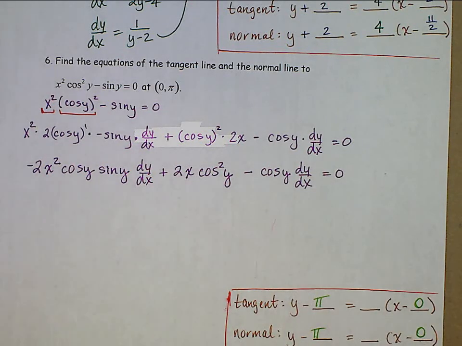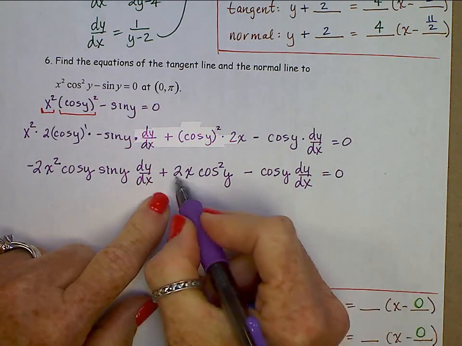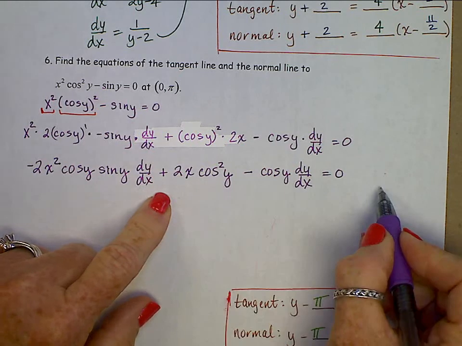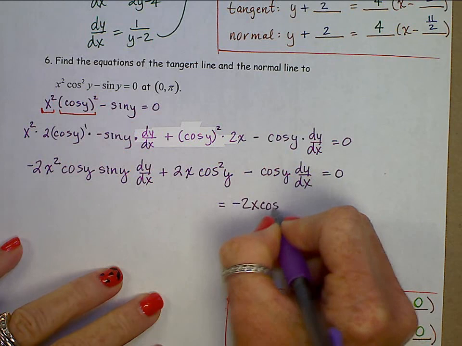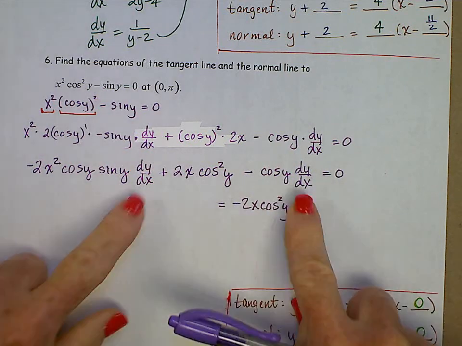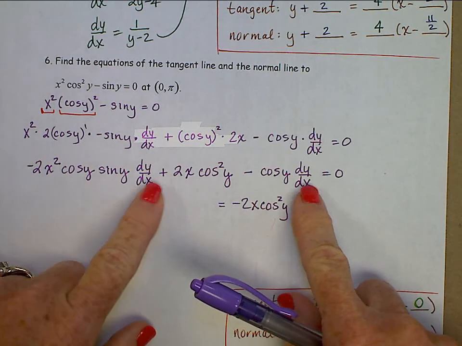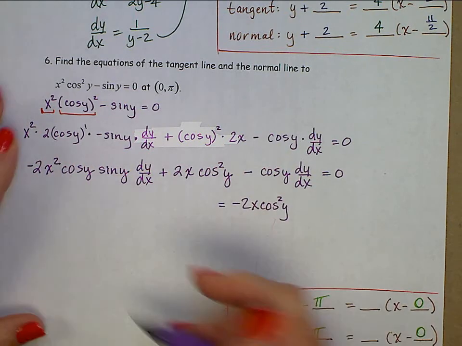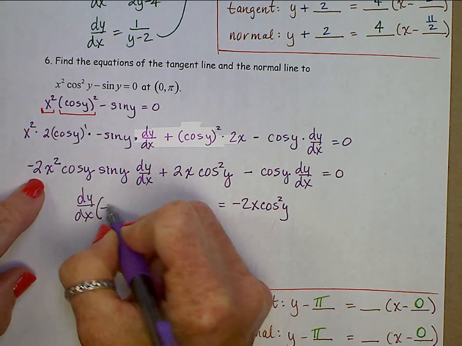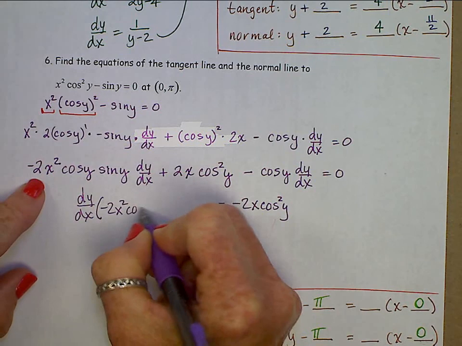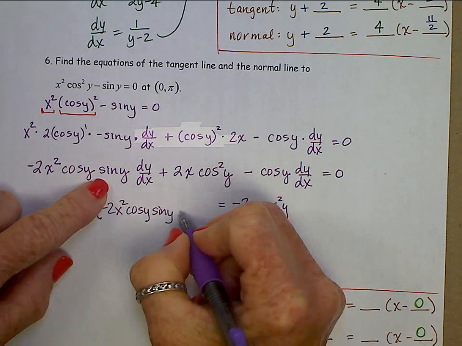Again, we're wanting to solve for dy dx, so I'm going to take this term that doesn't have a dy dx in it, and I'm going to pull it over onto the other side. And these remaining two terms here that have the dy dx in it, I'm going to go ahead and factor out that dy dx right away. So we have dy dx times a negative 2x squared cosine y sine y minus a cosine y.